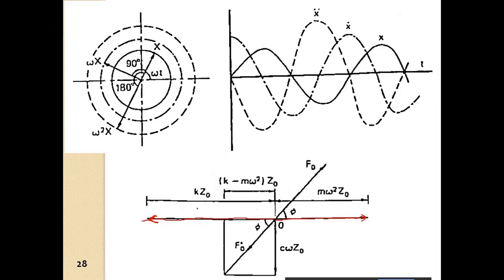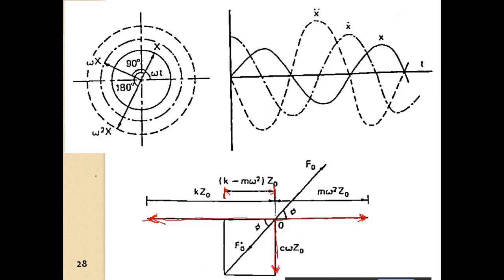So the total force, we have this k minus m omega square z naught, the difference of this force and the inertial force. So we have this resultant. Then again we have the force from the dashpot.